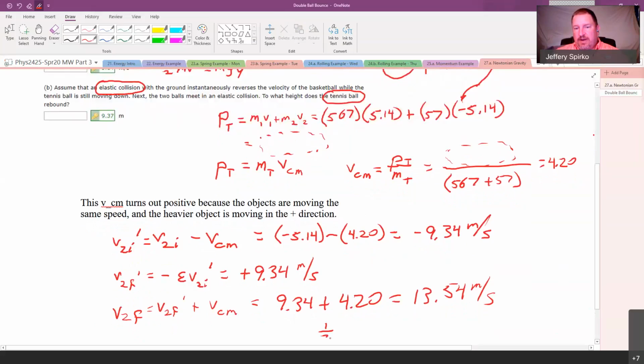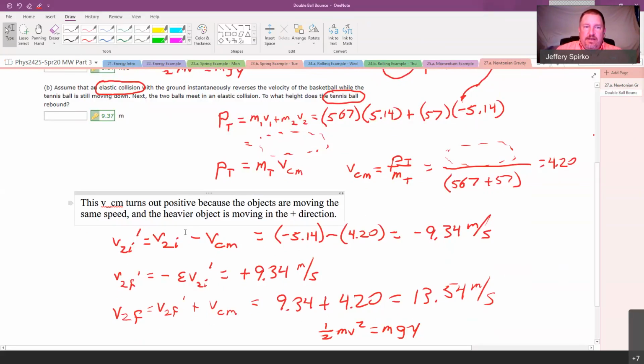Now we put this into 1/2 mv squared equals mgy, and we can find the final height which that object reaches. But the center of this calculation, the difficult and most important part, is calculating what happens in this elastic collision.